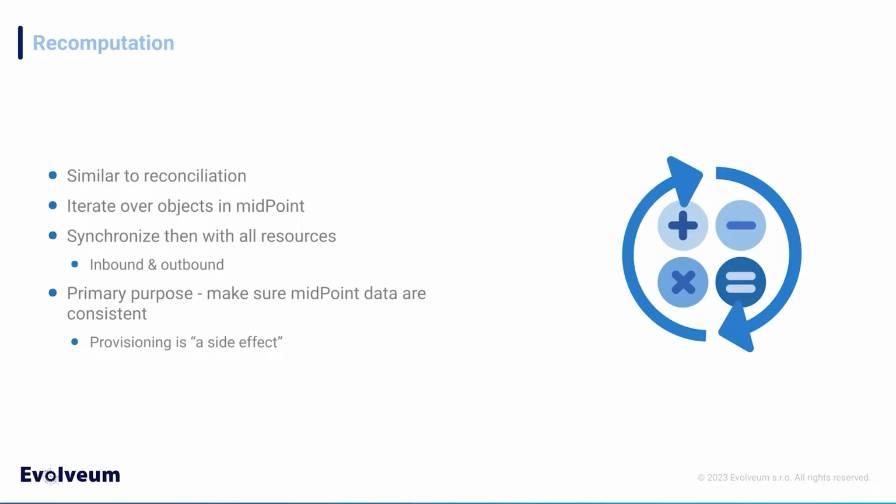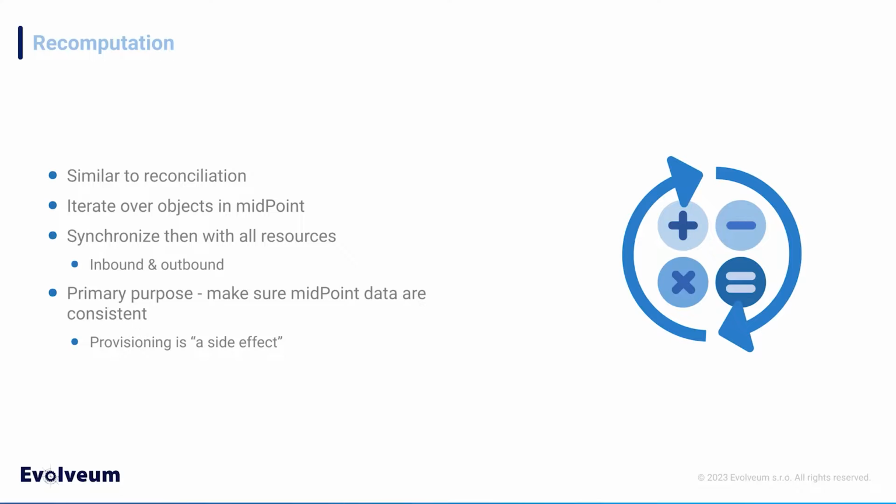And then synchronize them with all the resources. That means it will execute all inbound and outbound mappings for the resources where you have this object linked. So if it's a user, for all accounts on inbound or outbound resources, it will run the synchronization and again make sure the data are consistent.